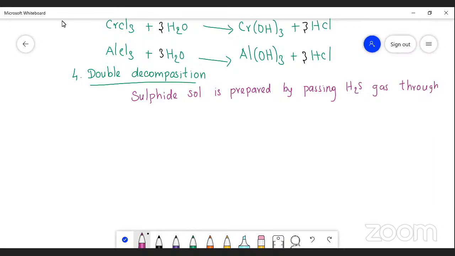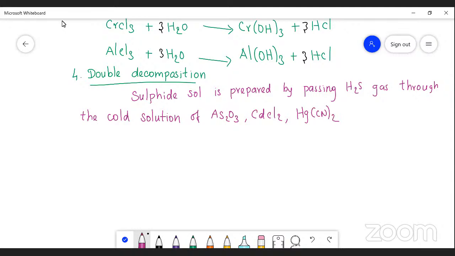We are taking a cold solution of As2O3, that is arsenious oxide, cadmium chloride, and mercuric cyanide.